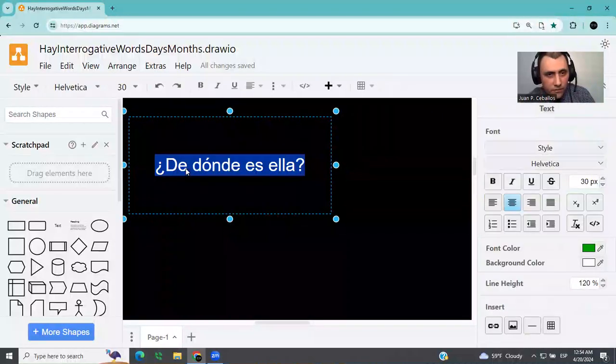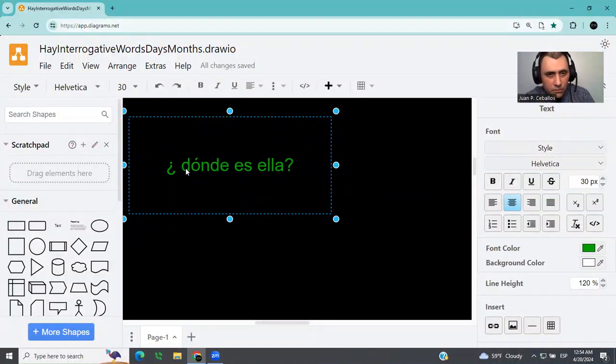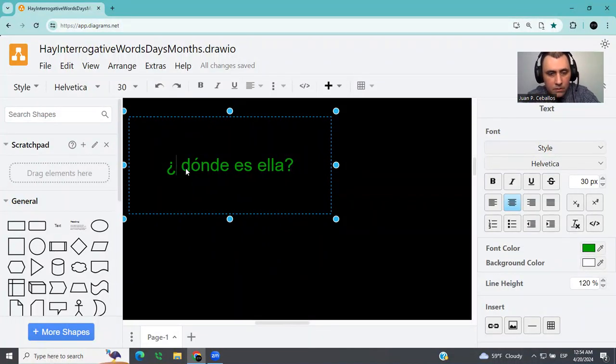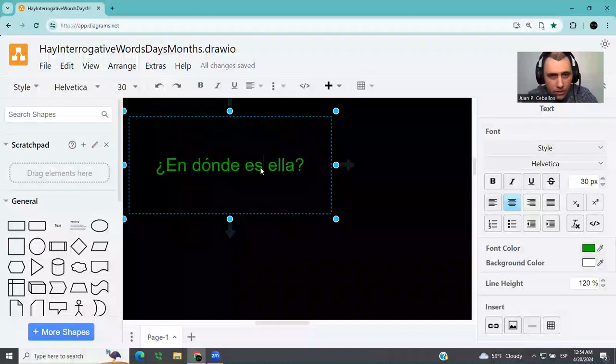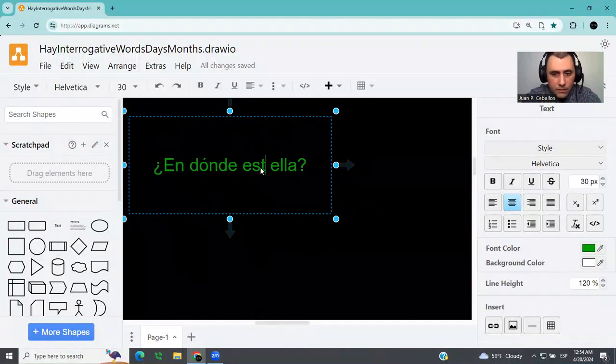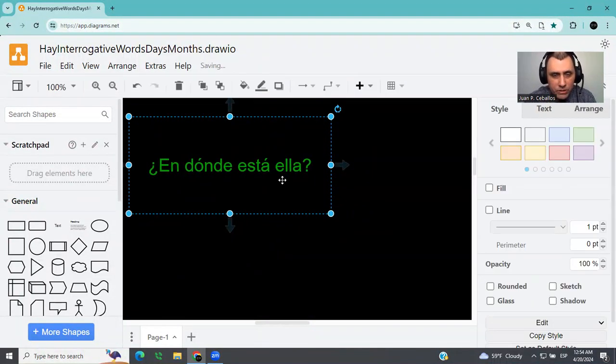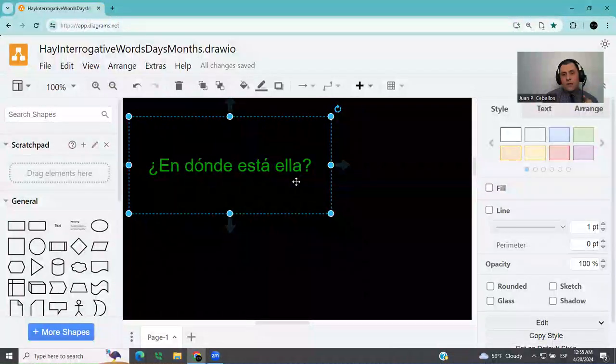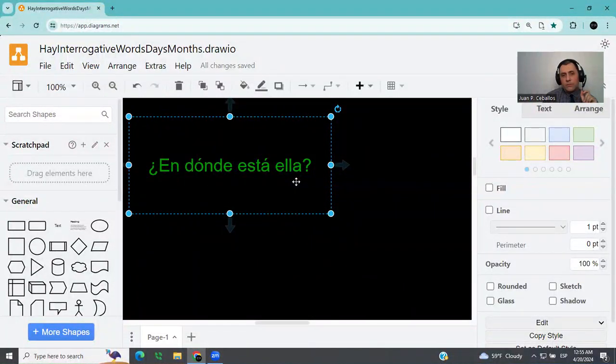I can also say for this one, so you understand how the preposition changes the meaning. This one is, ¿en dónde está ella? Where is she at? Okay. ¿En dónde is asking about a specific location.